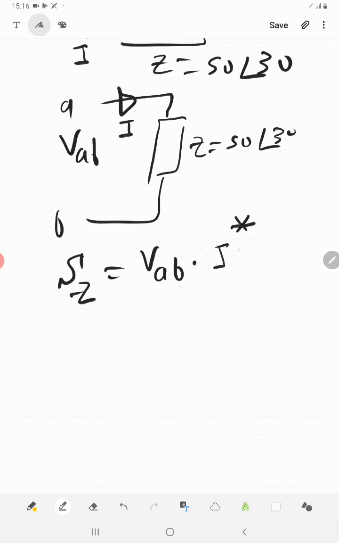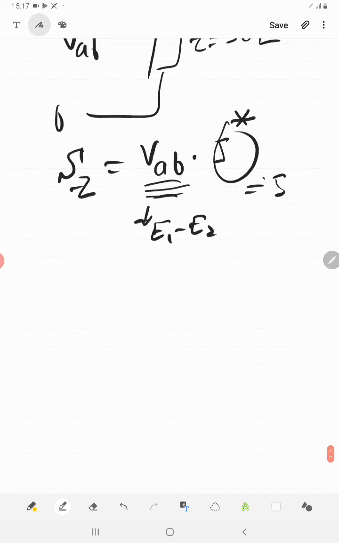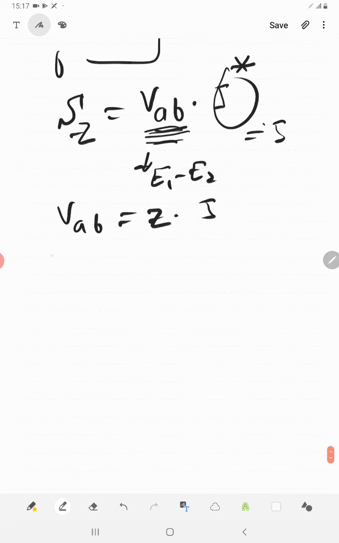Now VAB equals E1 minus E2, okay? And I is equal to I. So that's the difference, VA minus VB. Now, if we look at VAB equals Z times I, right? So what we get is S in Z equal to VAB, which is Z times I, times I conjugate.